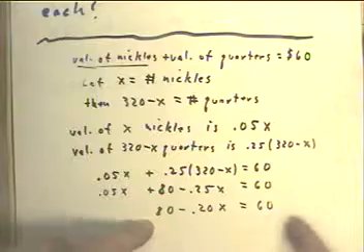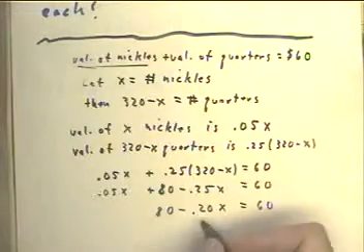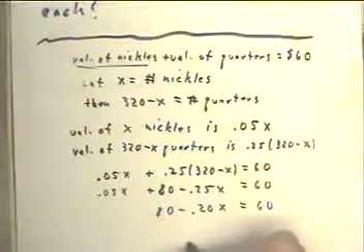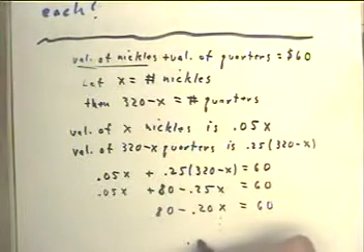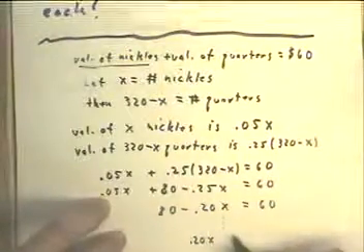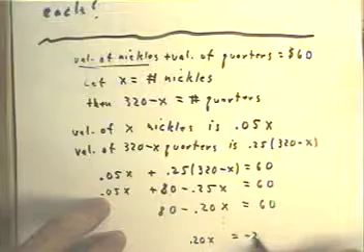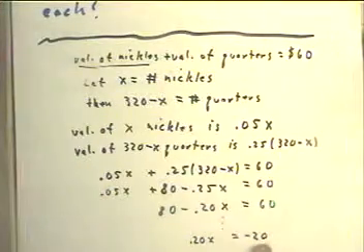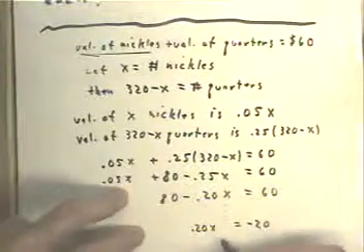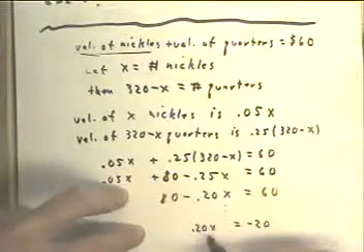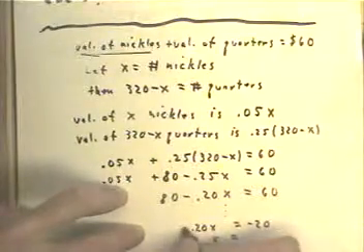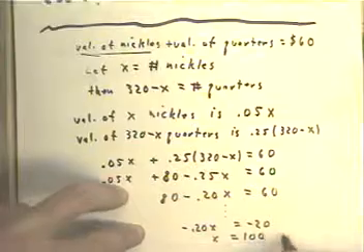If we subtract 80 from both sides and so forth, we're going to end up with negative 0.20x equals negative 20, which tells us that if we multiply both sides by 1 over negative 0.20, we get x equals 100.